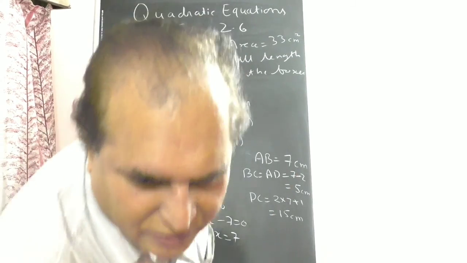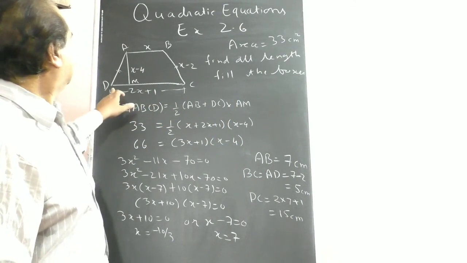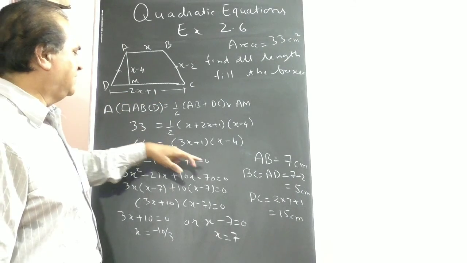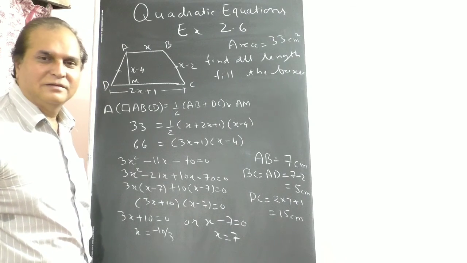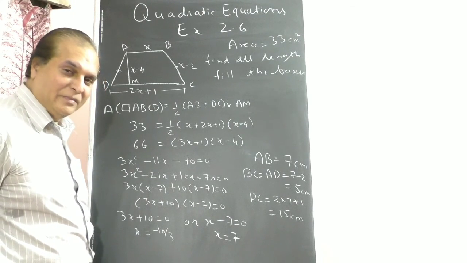DC is 2x plus 1, 2 into 7 plus 1, 14 plus 1, 15 centimeter. And we got the answer. Fill in the blank.